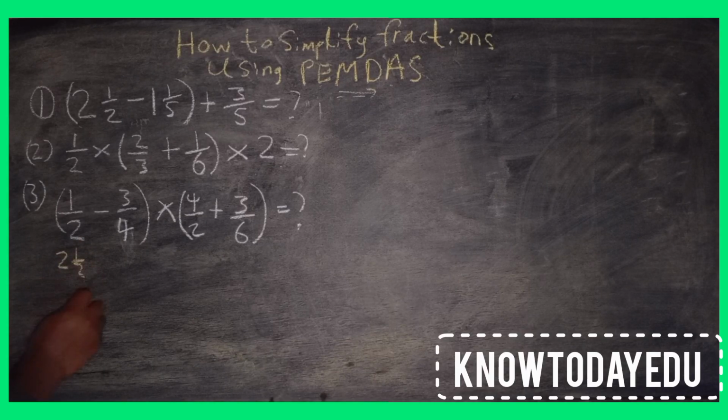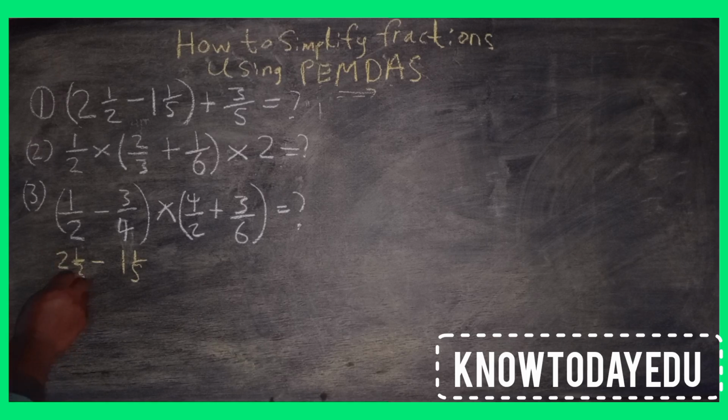2.5 minus 1 1/5. Okay. Now let's convert this to improper fraction before we start solving. 2 times 2, it is 4 plus 1, 5.